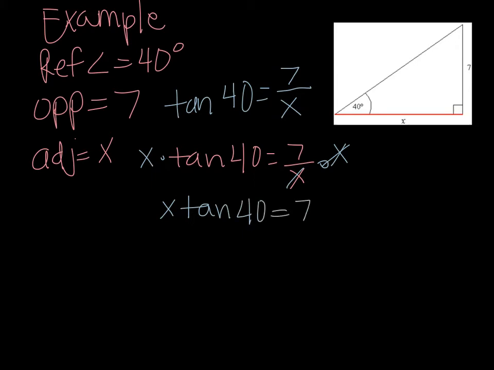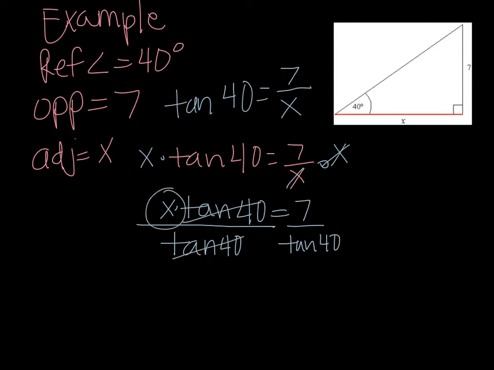Now I still need to do one more operation in order to get x by itself. Since x is being multiplied by tangent 40, I'm going to do the opposite, which is division. I'm going to divide both sides by tangent of 40. These two cancel out, and I'm left with x equals 7 over tangent 40.